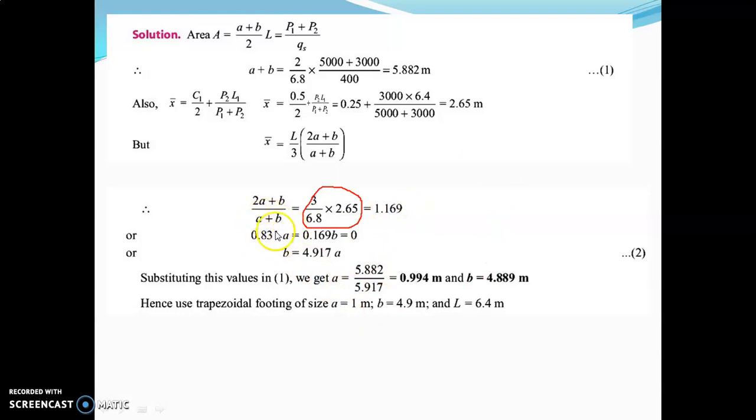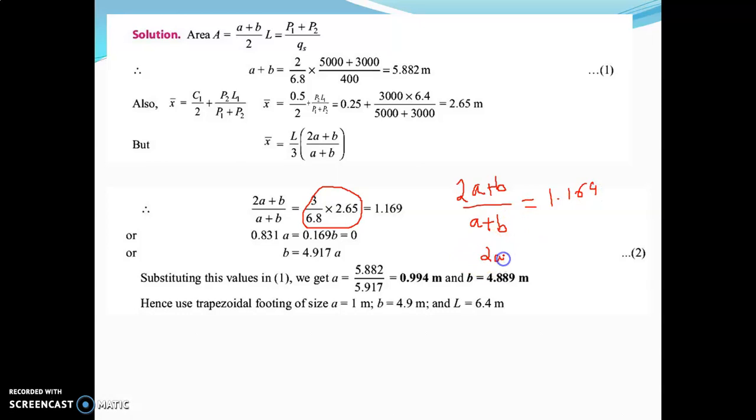Now, 2A plus B divided by A plus B is equal to 1.169. Okay, so how can you write this? The equation becomes (2A plus B) divided by (A plus B) equal to 1.169. Cross multiply this.